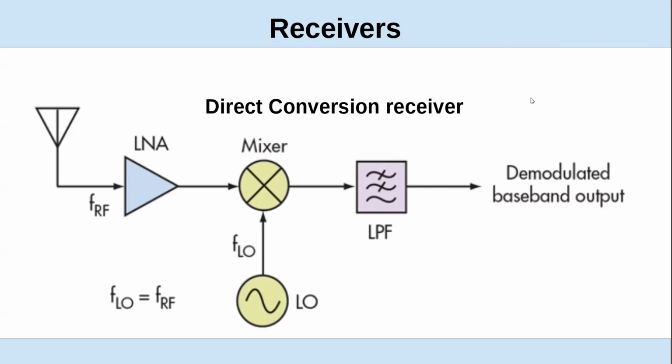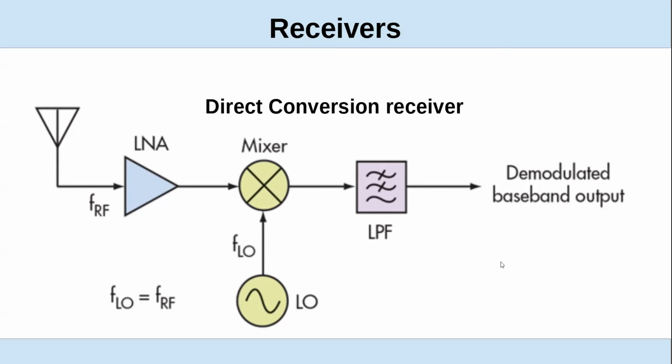Okay, so here's an example of a direct conversion receiver. We have a low noise amplifier on the front end. It's not actually required. So the RF signal is coming into a mixer where we have an oscillator to tune it to whatever frequency we want and generate an intermediate frequency signal that we run through a low pass filter, essentially an envelope detector.